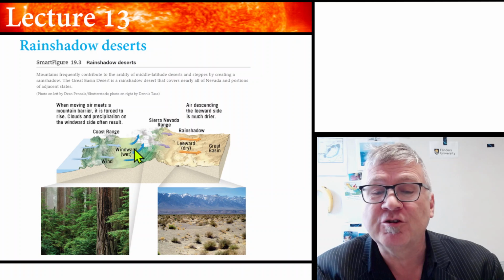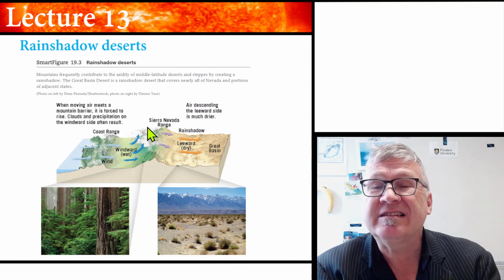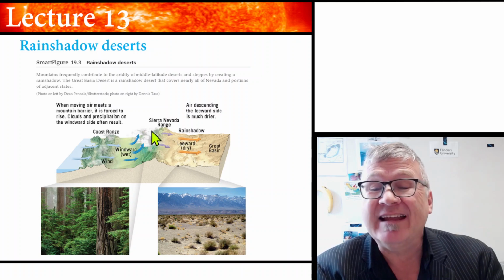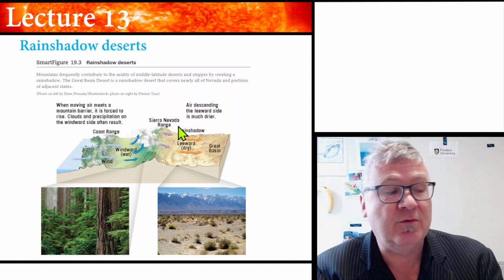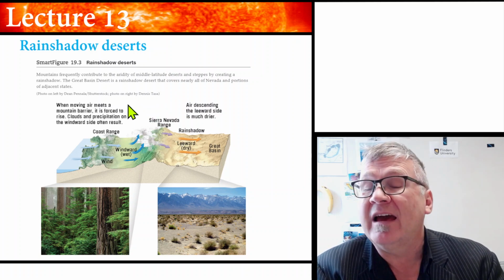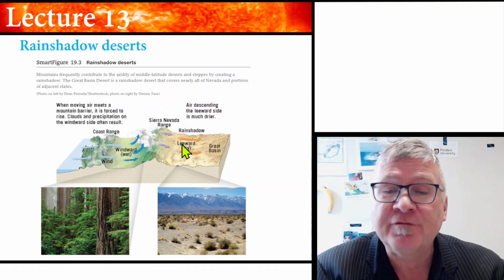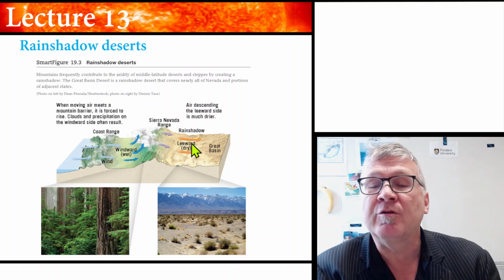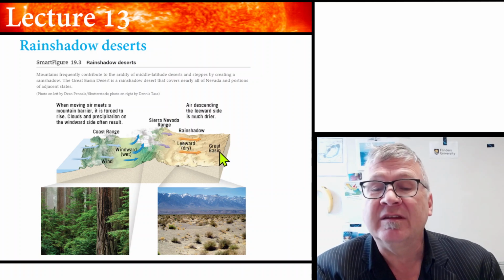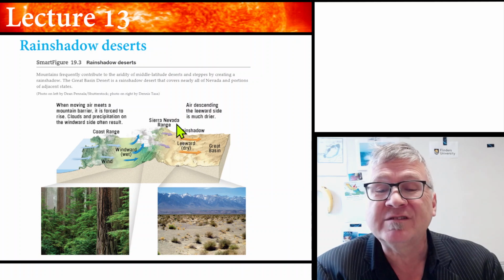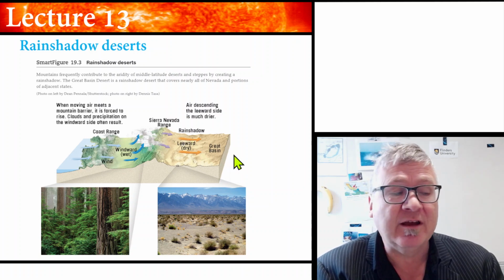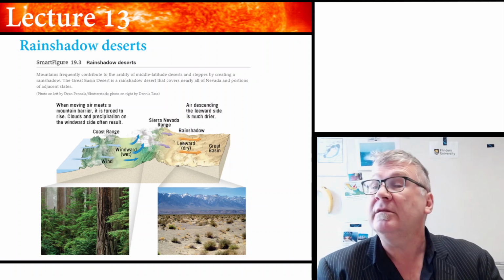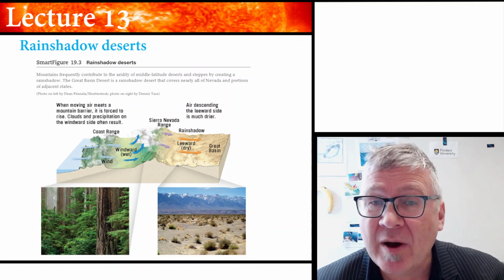The air is forced upward, cools down, condenses, creates clouds and rainfall. Then on the other side, you have no more water left in the atmosphere, and you have a rain shadow and a desert on the other side. On the leeward side, you have much drier air. And this concludes the second part of this lecture.